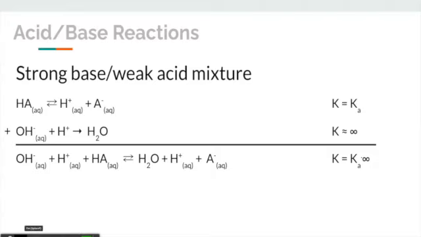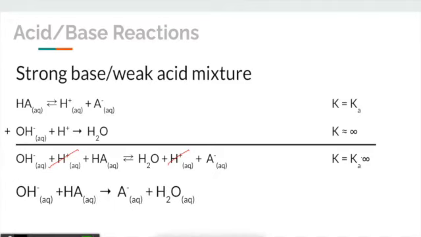If we cancel, H+ drops out, and our net ionic reaction is just hydroxide ion reacting with the weak acid to produce water and the conjugate base. So that's what we would end up with.